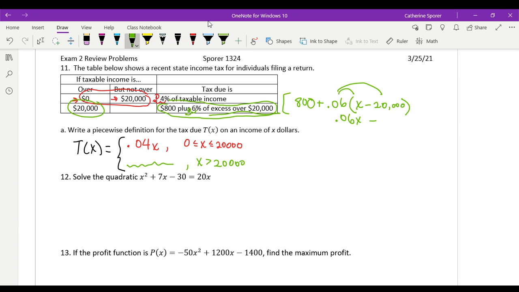That's 1,200. So we have 800 plus 0.06x minus 1,200. That would be 0.06x, and then we'd combine these two to get minus 400. So for incomes that are above 20,000, the function that defines the tax is 0.06x minus 400.